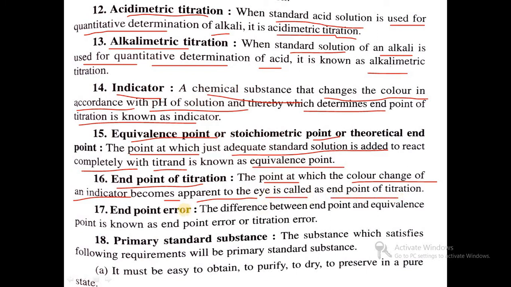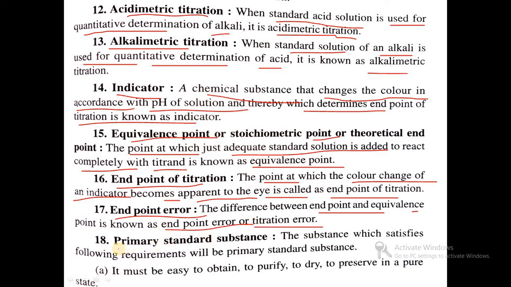That is, when we add titrant solution into the conical flask, then at one exact point we get the color change, and it is called the end point of titration. And what is the end point error? The difference between the end point and the equivalence point is known as end point error or titration error.